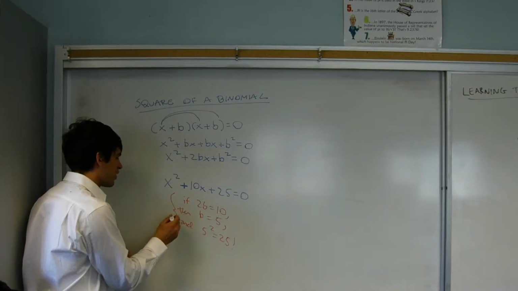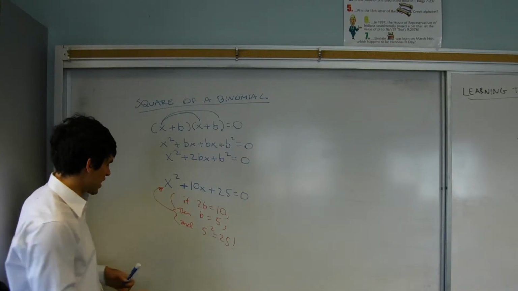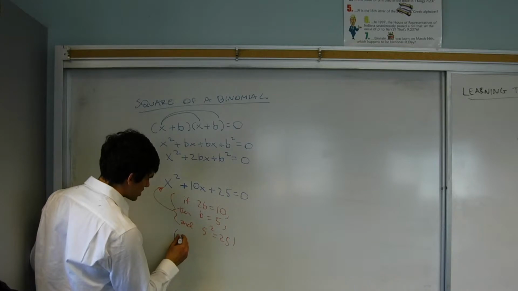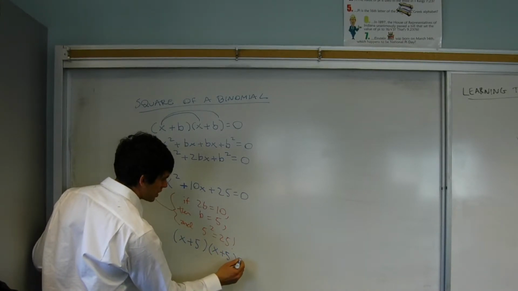So since we have all of this information, that tells us, hey, the answer to this problem is x plus 5 times x plus 5 is equal to 0.